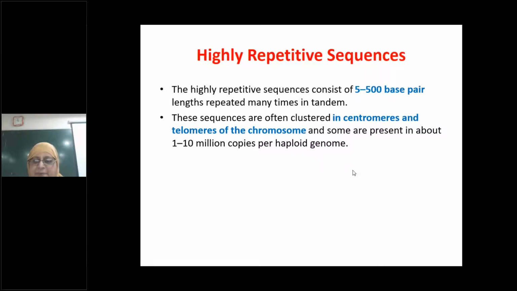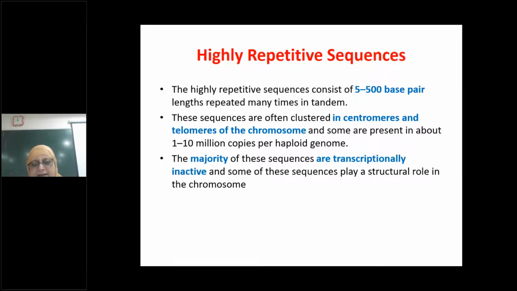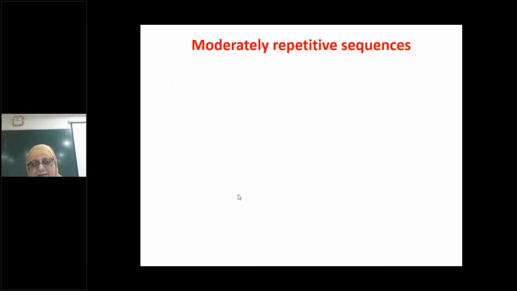Most of them are clustered in the centromeres and telomeres, and the majority are transcriptionally inactive. Some are also said to play a structural role in the chromosome.